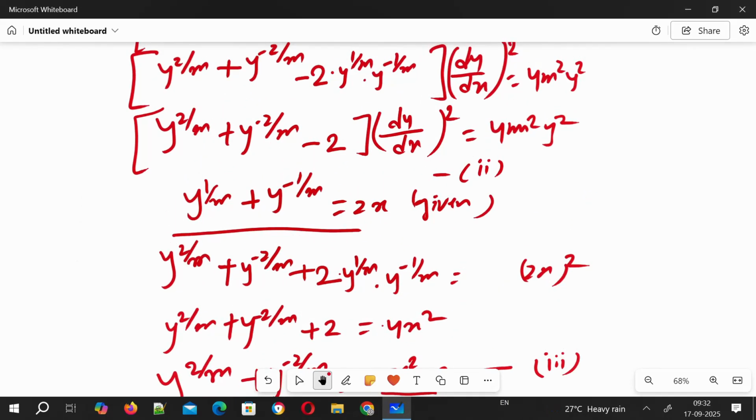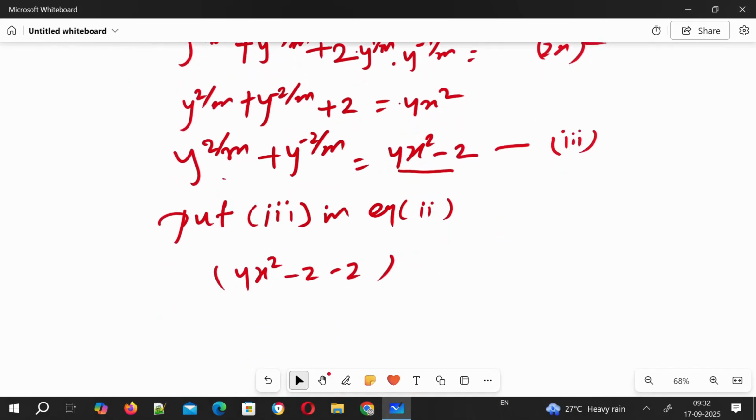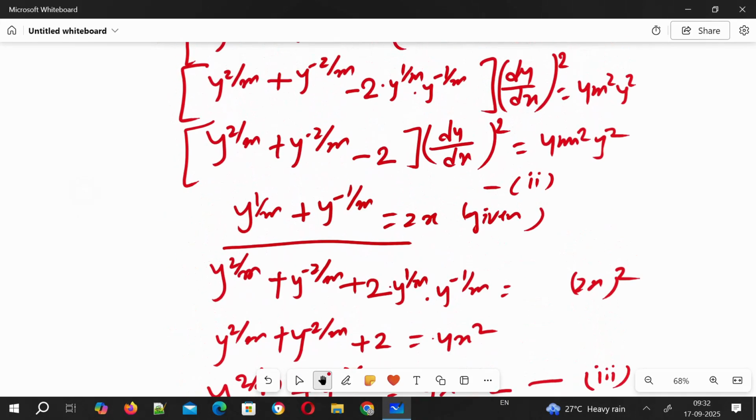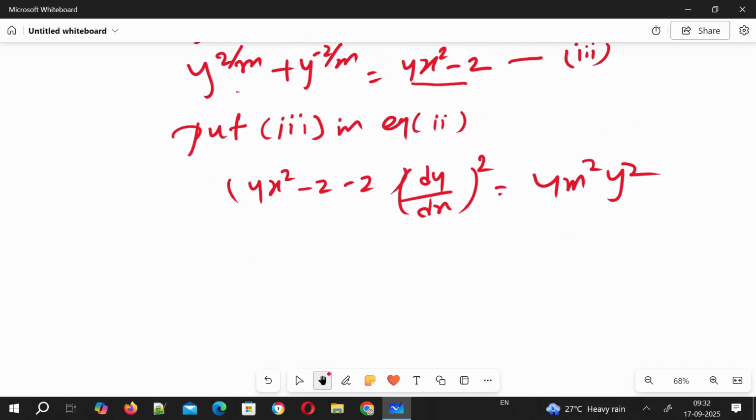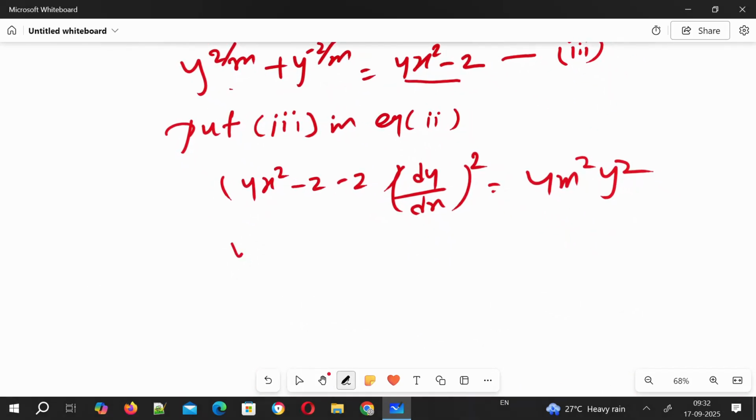And (dy by dx) whole square equal to 4m square y square, right? 4m square and y square. So now we solve this: 4x square minus 4 (dy by dx) whole square equal to 4m square y square, right?